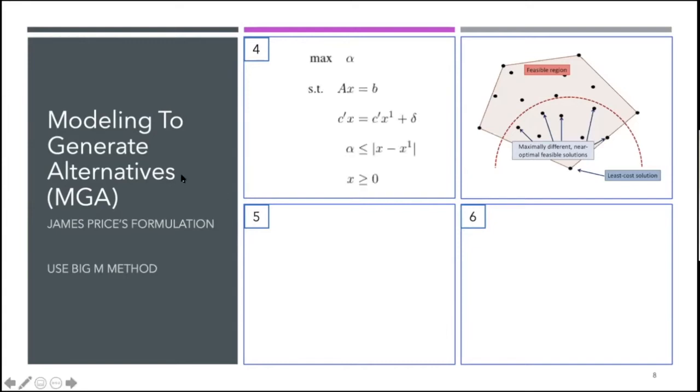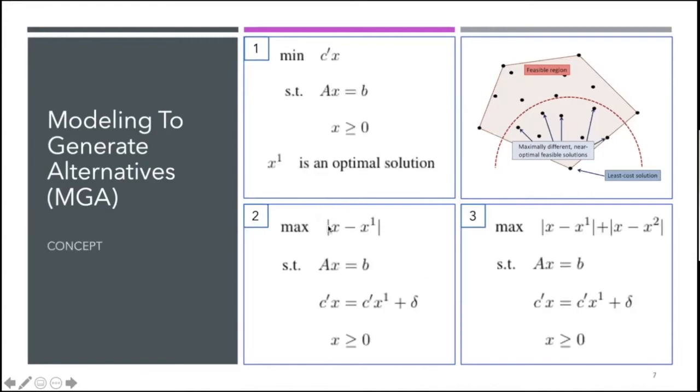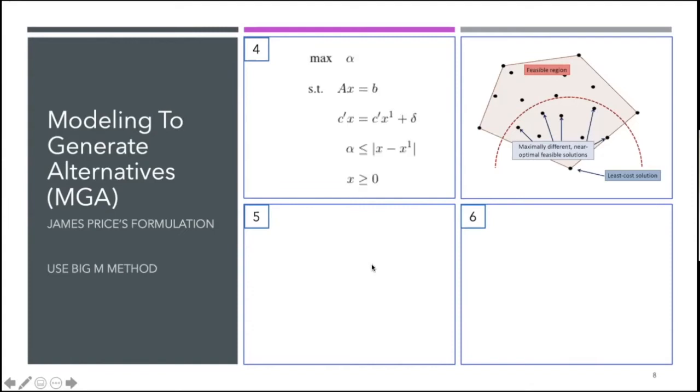What this formulation does is introduce a dummy variable alpha in this problem. It converts the objective into a constraint by introducing the dummy variable alpha. So we are now maximizing alpha such that alpha is less than or equal to this distance.